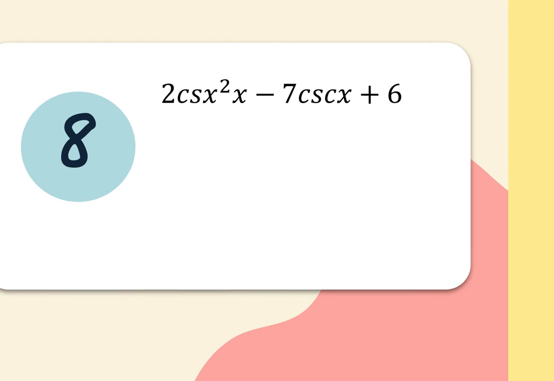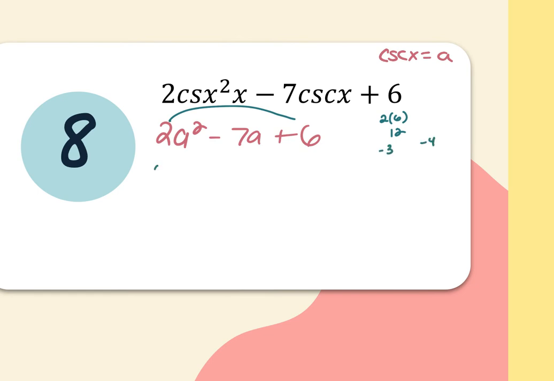All right, so now we're going to do the replacement again. I'm going to make cosecant x my a: 2a squared minus 7a plus 6. And then do your first times last. So 2 times 6 is 12. What are the factors of positive 12 that sum to negative 7? Good. And I replace my middle term.